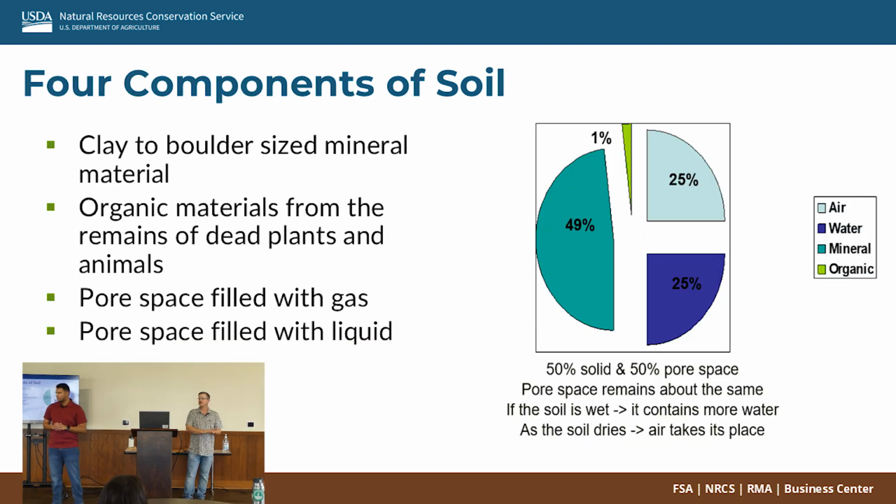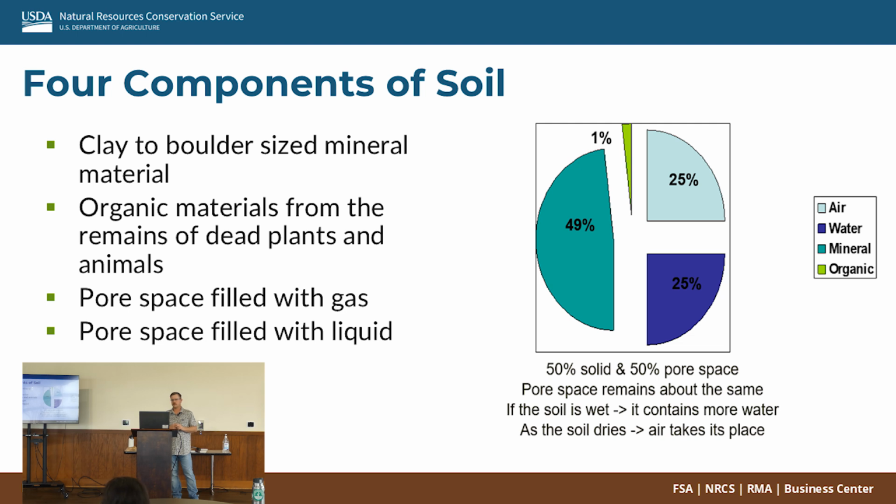So the 4 components of soil comprise mineral, organic, air, and water. The mineral material can be anywhere from little clay particles to boulder-sized mineral material. Organic material, we look at the landscape, grass, trees, or any soil biology under the ground.